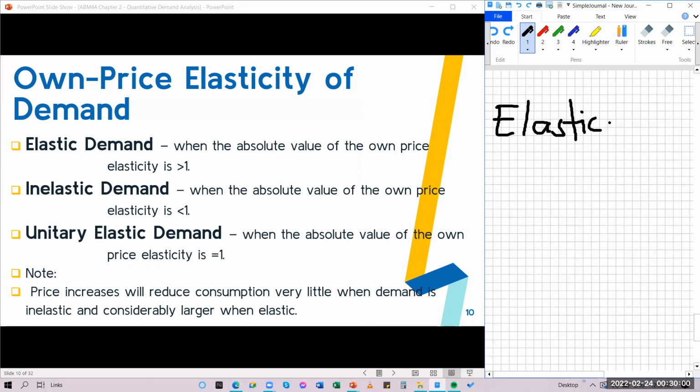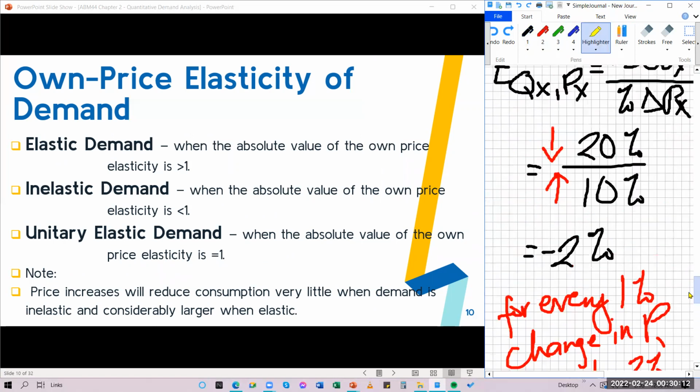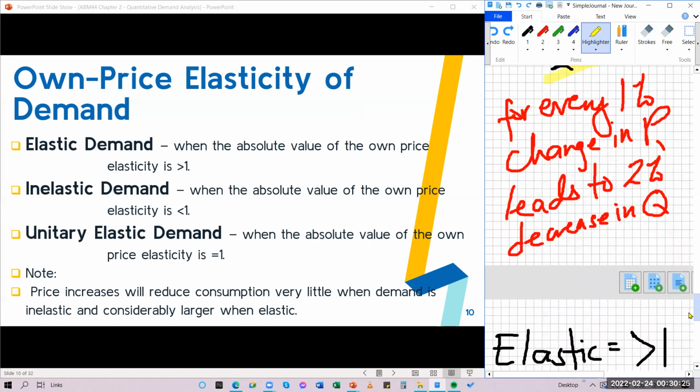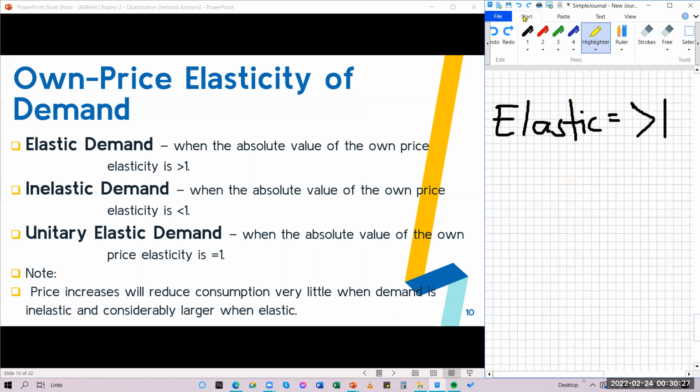Elastic demand means the absolute value of the own price elasticity is greater than 1. So we will say it is elastic if it is greater than 1. As you can see in our example, this is greater than 1, so this curve is an elastic demand curve, given that it has a big impact, especially since its absolute value is greater than 1.